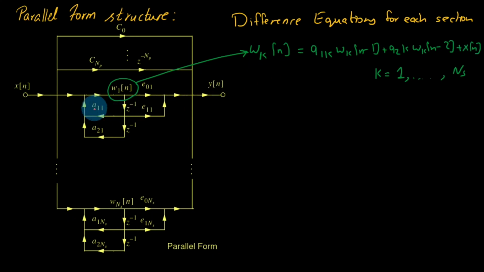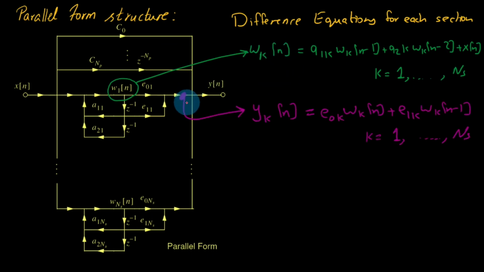Furthermore, this a1k with z inverse would mean that there is an a1k wk of n minus 1. Similarly, a2k wk of n minus 2 is coming from here, and we have already mentioned x of n. So k is from 1 to Ns. So this is wk of n.